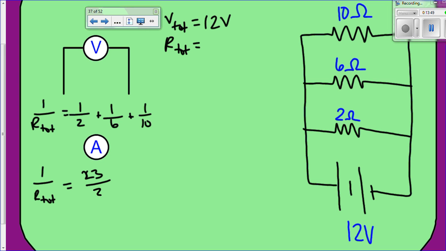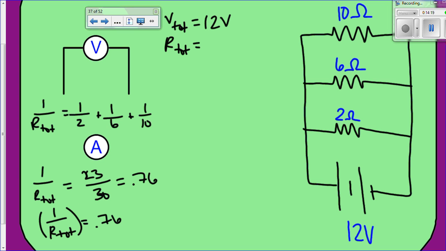23 over 30 is what I get when I add up these fractions in my calculator. Now, 23 over 30, which is the same thing as 0.76 repeating, is not what the R total is, it's what the 1 over R total is. So in order to find out what R total is, I need to do the inverse. Let me show you how we do that mathematically. We have 1 over R tot is equal to 0.76.